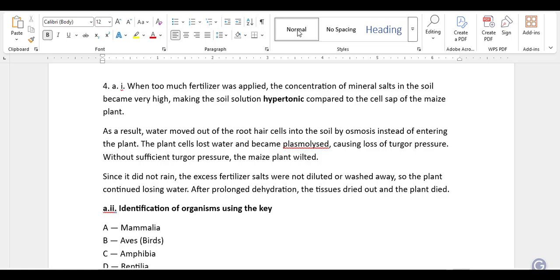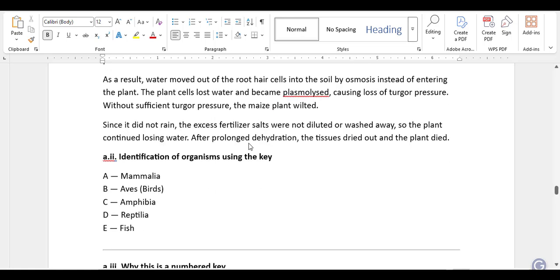Since it did not rain, the excess fertilizer salts were not diluted or washed away, so the plant continued losing water. After prolonged dehydration, the tissues dried out and the plant died. This is what we're expected to write, step by step, to account for all the marks.